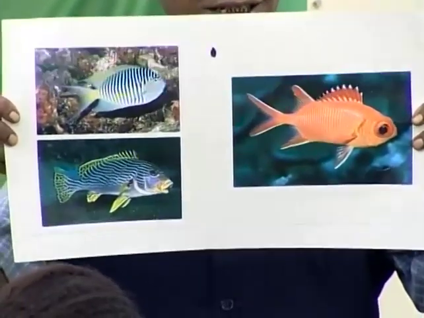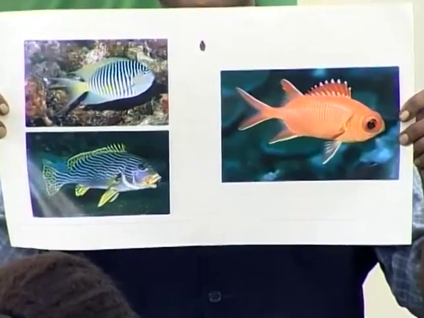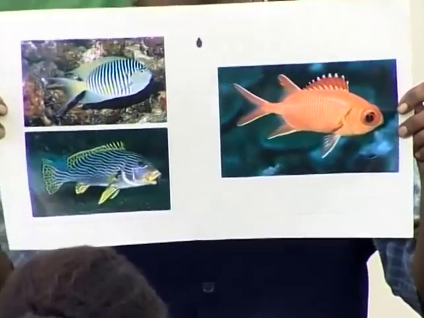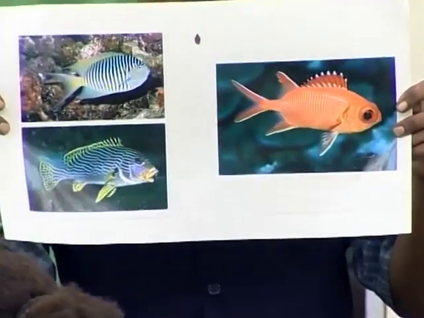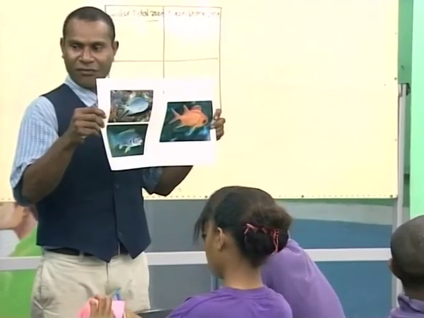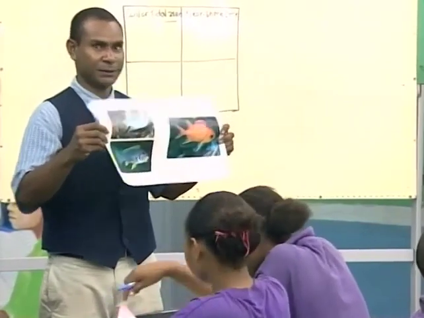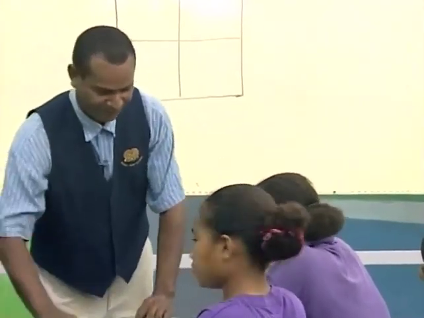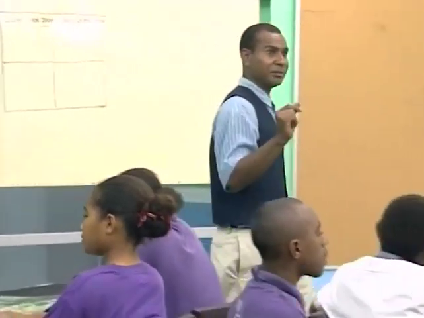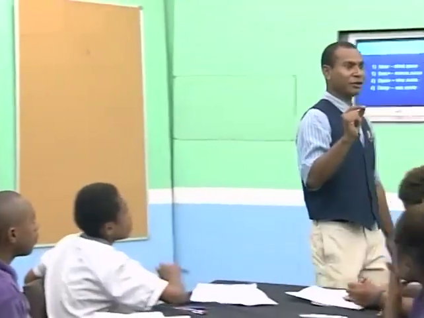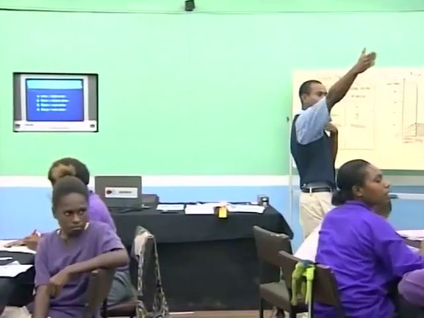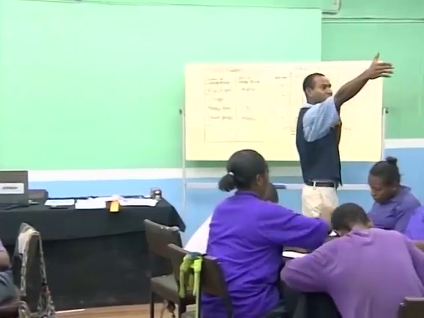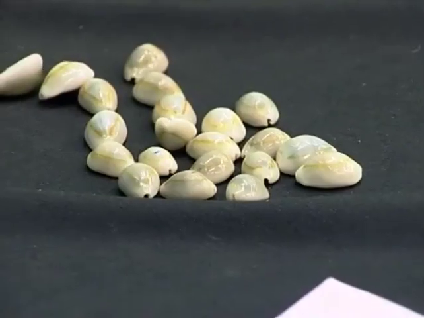Okay. Now if you have brought the pictures, try to discuss with your friend and identify their names. Some have brought samples, I think. Yes, very good. One group there has brought samples of shells.